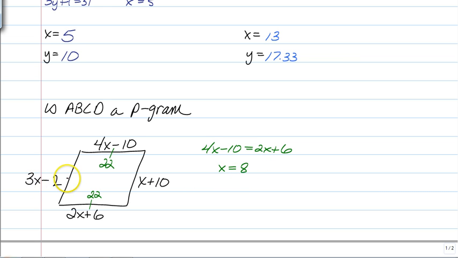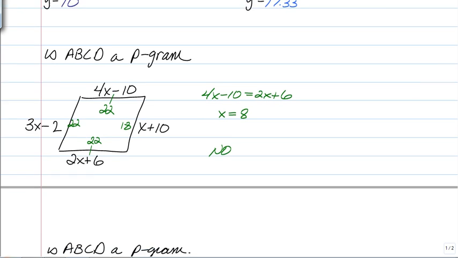So we have 24 minus 2. This side's 22. And we have 8 plus 10 is 18. So no, this is not a parallelogram because both sets of sides are not congruent. Opposite sides are not congruent. Since only one set of sides is congruent, that means it is not a parallelogram.